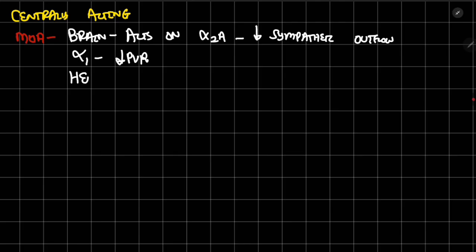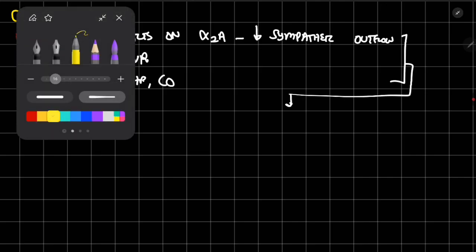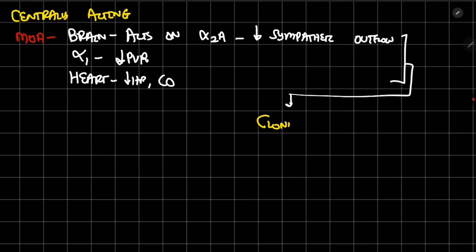On the heart, it will decrease heart rate and cardiac output. This is the mechanism of action of one famous centrally acting sympatholytic, clonidine. It is a centrally acting antihypertensive agent. It acts on the brain, causing decreased sympathetic outflow, on blood vessels decreasing peripheral vascular resistance, and on the heart decreasing heart rate and cardiac output.